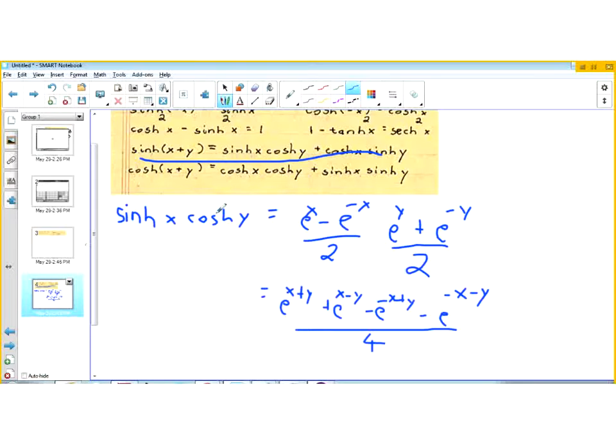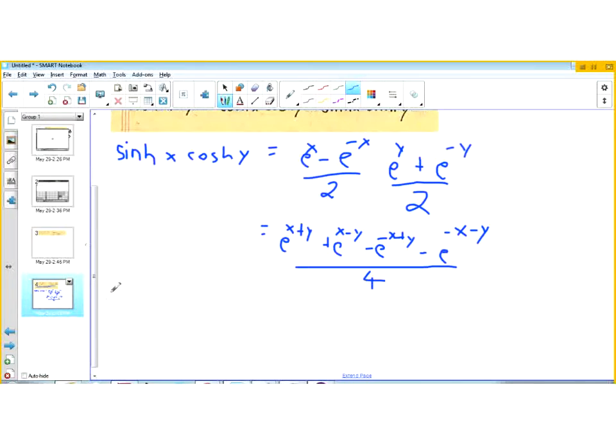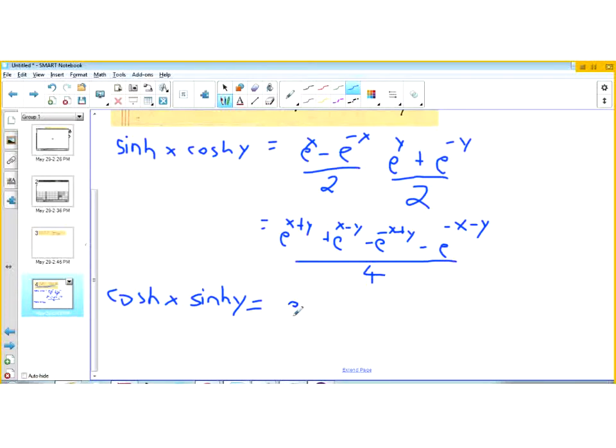And then let's do the cosh of x times the sinh of y. What is that product equal to? The cosh of x times the sinh of y would equal e to the x plus e to the minus x over 2 times e to the y minus e to the minus y over 2.